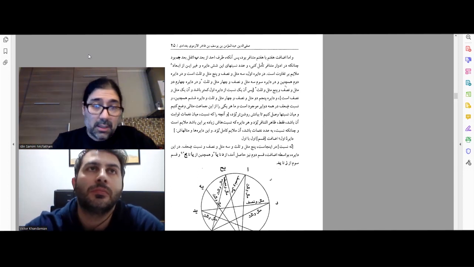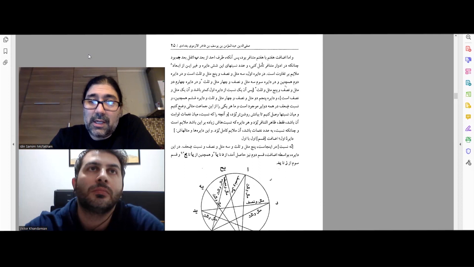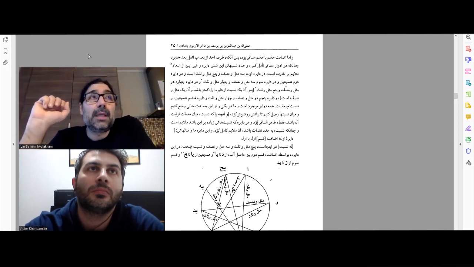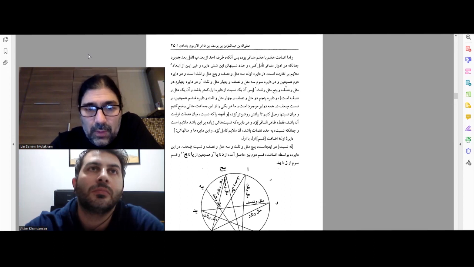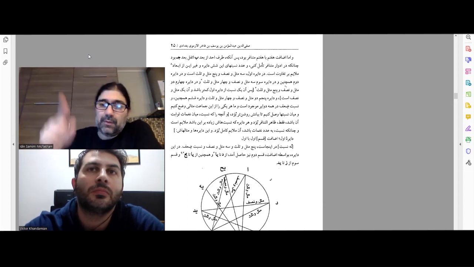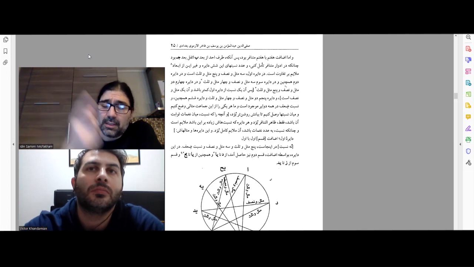And why there are triangles and some of them finish and are not continuing is because he didn't create these lines based on intervals smaller than a perfect fourth or perfect fifth. If you can see, it's always these lines between these alphabets. These are very long lines.